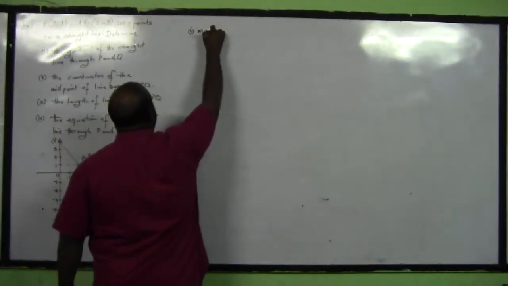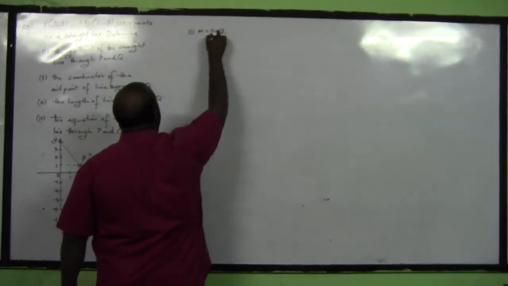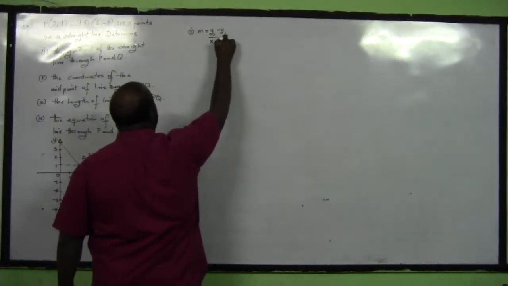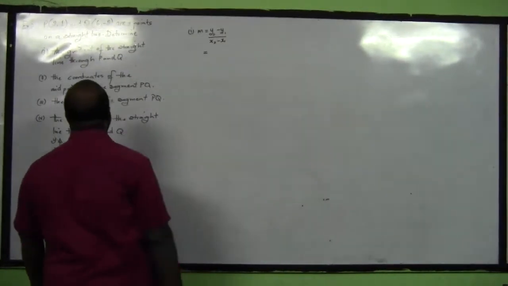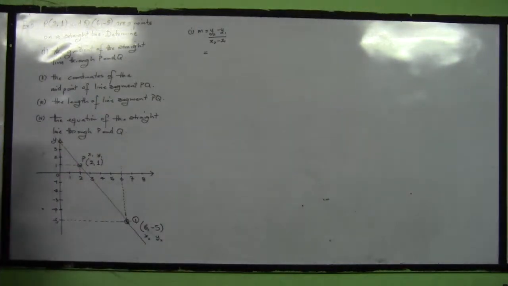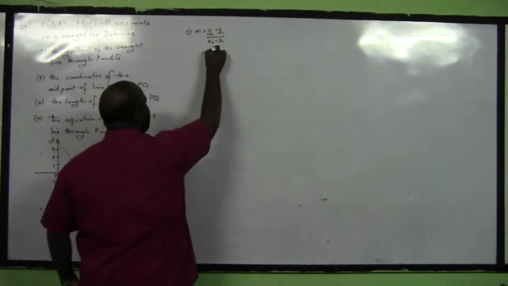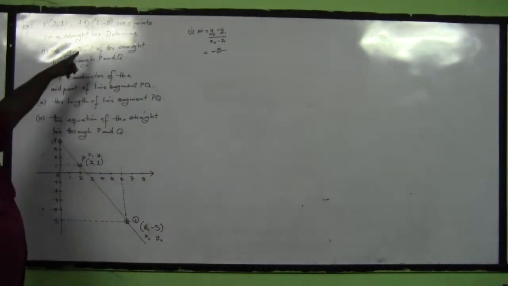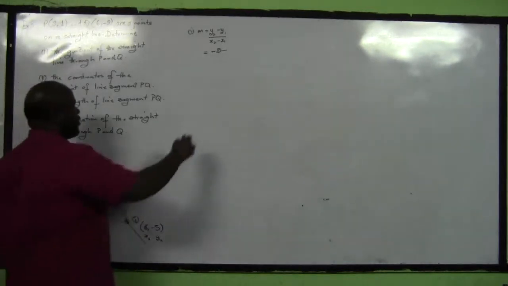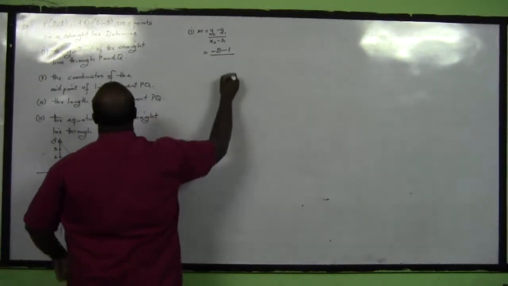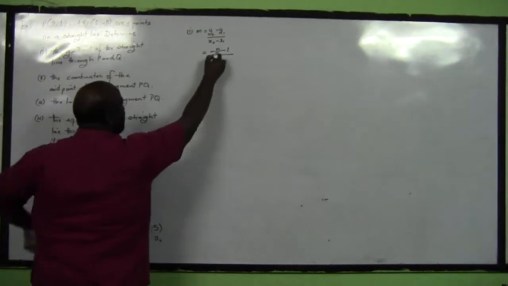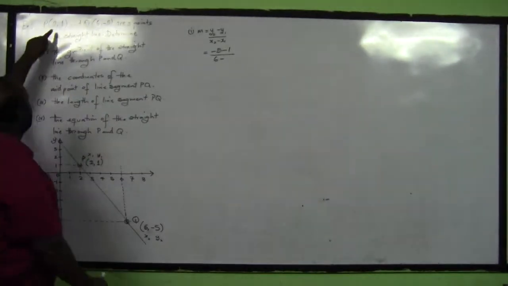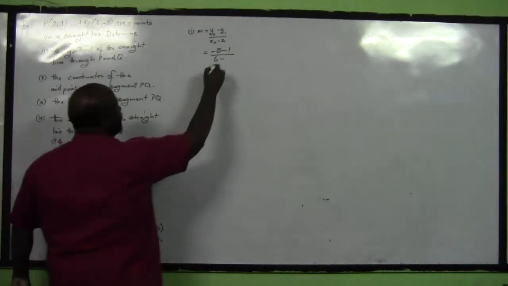M is equal to y2 minus y1 over x2 minus x1. What is y2? Have a look. Y2 is negative 5. So this is minus 5. Minus, what is y1? Y1 is 1. Good. Over, what is x2? 6. Minus x1? 2.